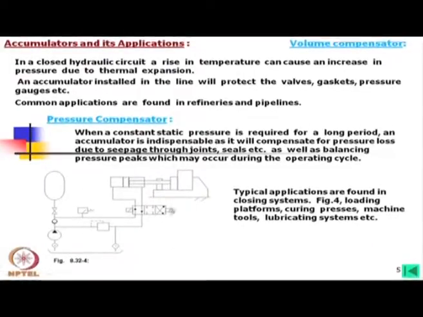Now, this is a system, apparently some sort of press, where something is being pressed with a pressure, not for a very long time, but this operation is being done for a substantial time. And in that case, what is the system?